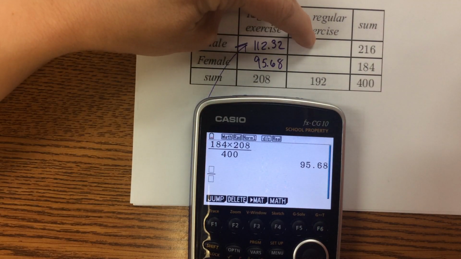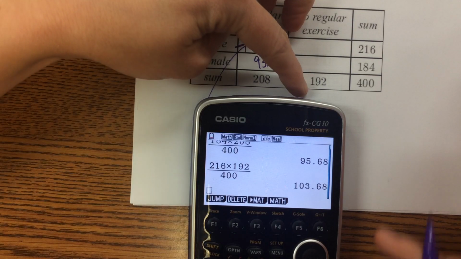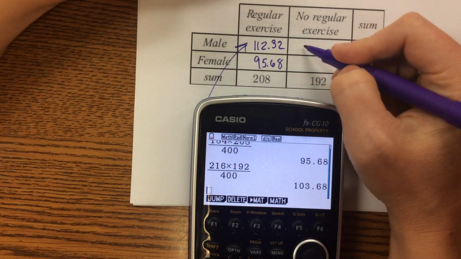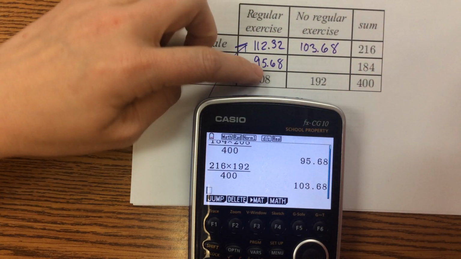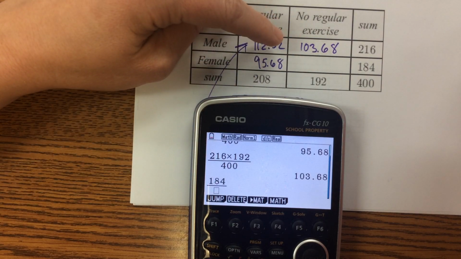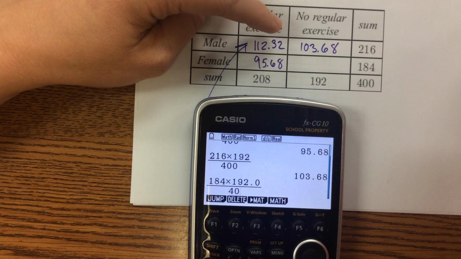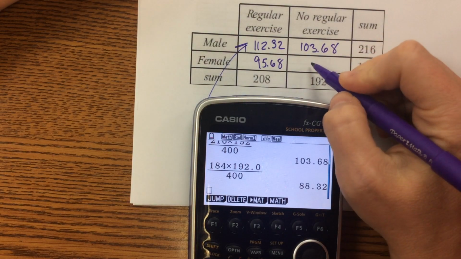If I want this one, my sums are 216 times 192 divided by that 400. So that's this box, 103.68. Now 184 times 192 divided by 400.